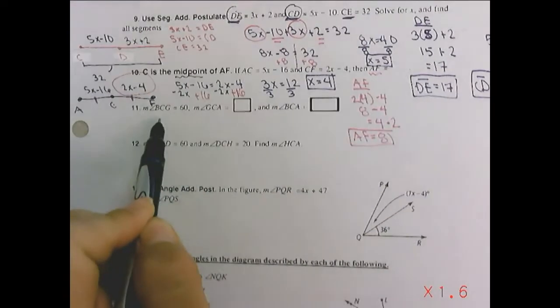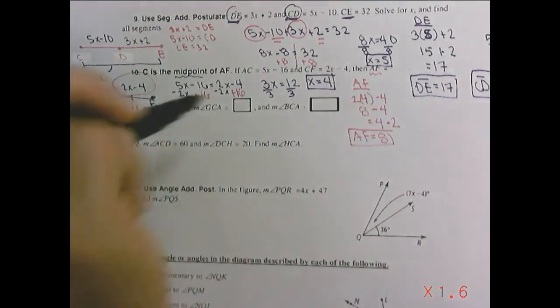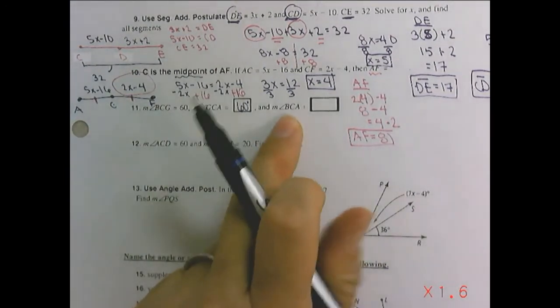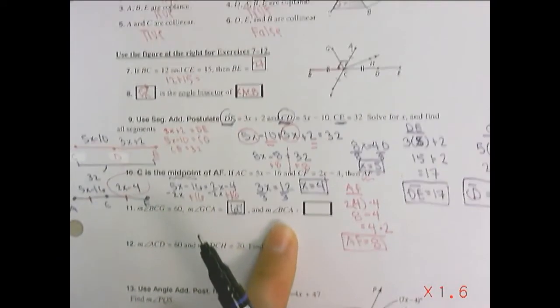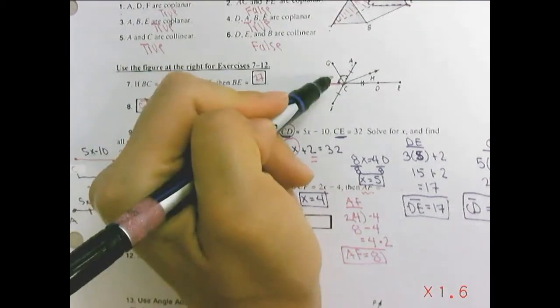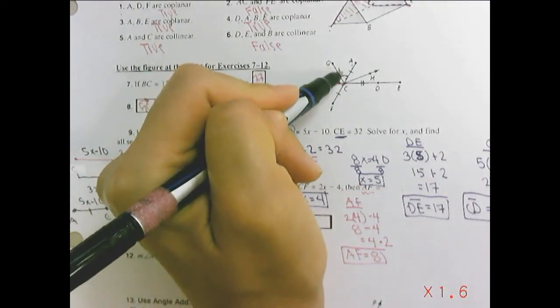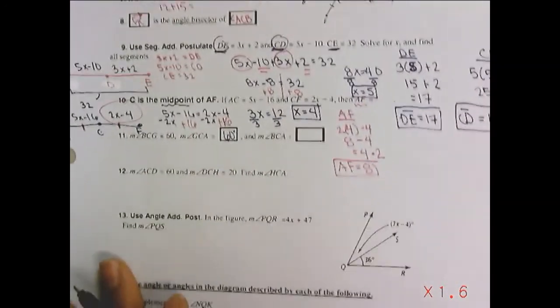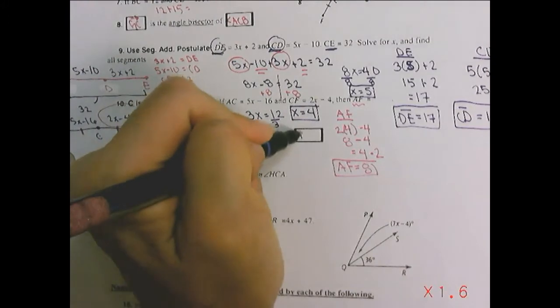So I move back down and I can say that GCA is equal to 60 degrees as well. And then it wants me to find the measure of BCA. So I'm looking over here, BCA. Well, I now know that this is 60 and this is 60, so the entire angle BCA has to be 120.